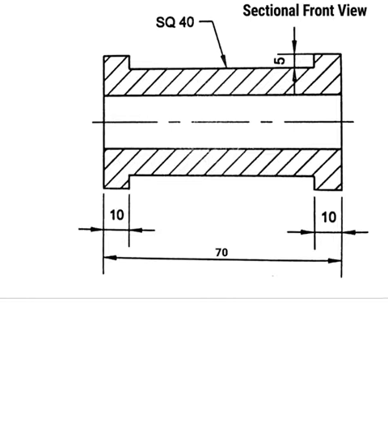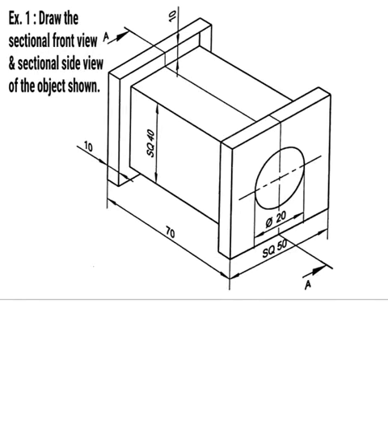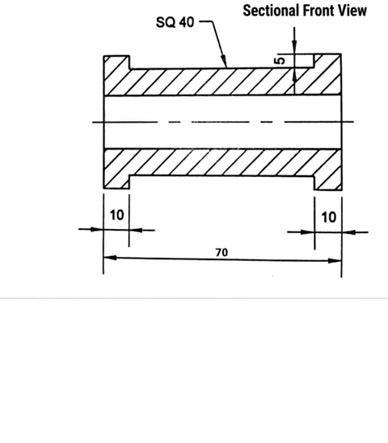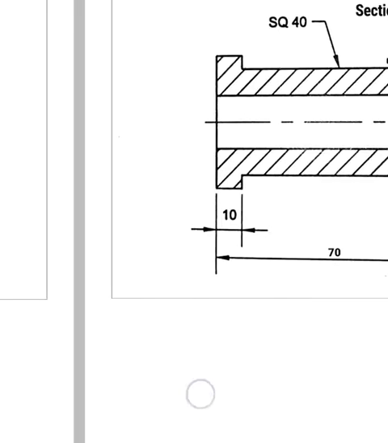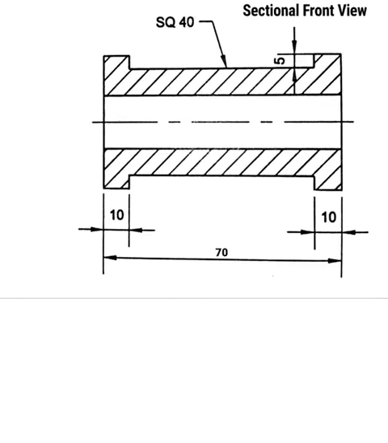And as this object is a casting object, it's not fastening any type of methods, it's simply casting material. So here we can see the opposite direction hatching lines. For this case we need to draw the hatching line from the same direction.